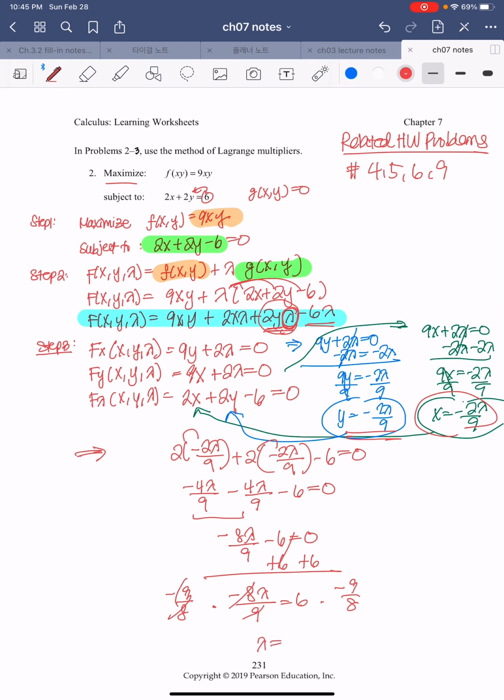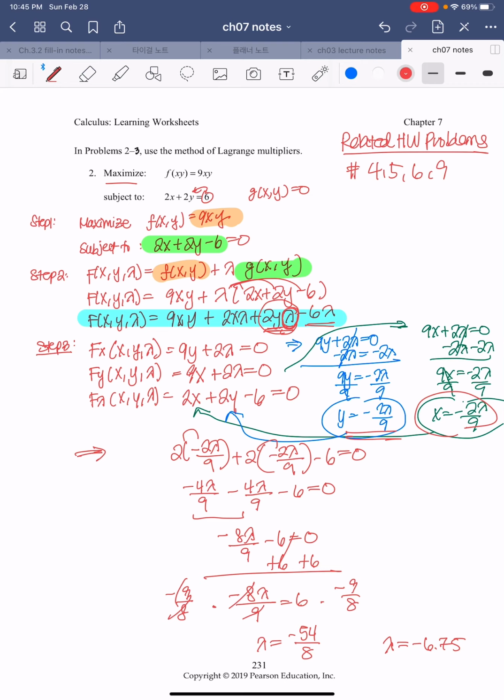Lambda is equal to, let's see, negative 54 over 8. Okay, so negative 54 over 8 is exactly negative 6.75. So lambda ends up being negative 6.75.